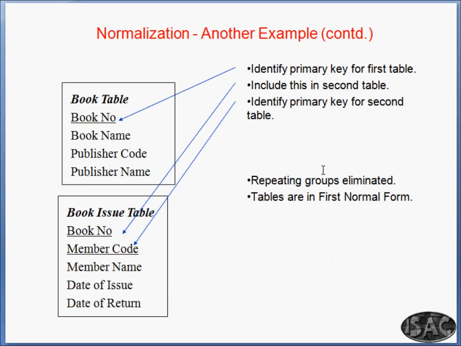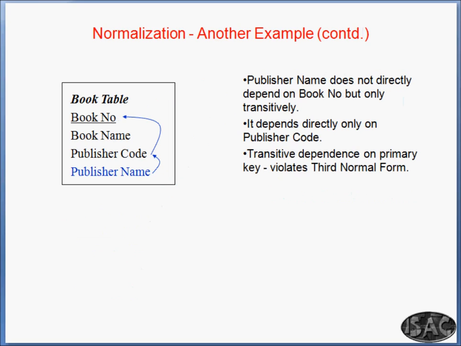Next, we have to establish primary key and foreign key here. Clear? Again, the book number, book name and publisher code.